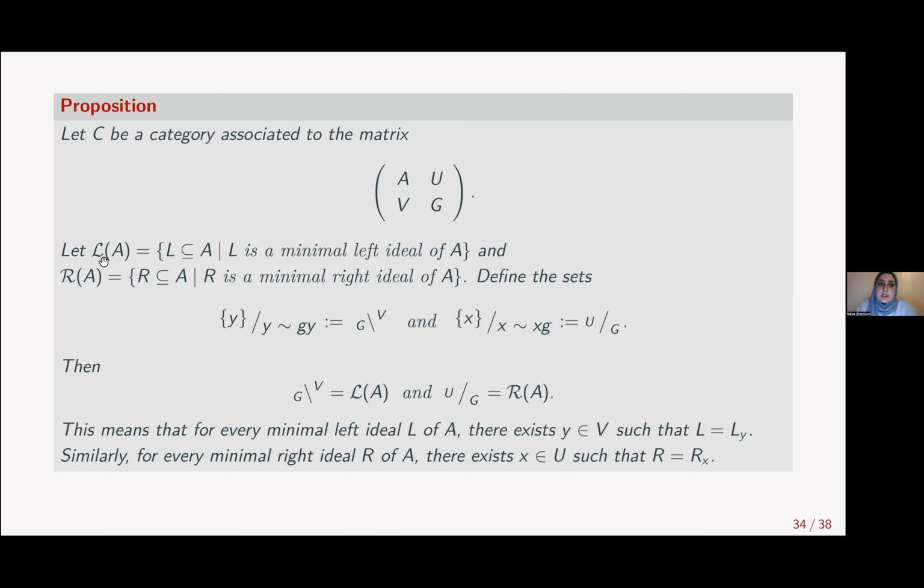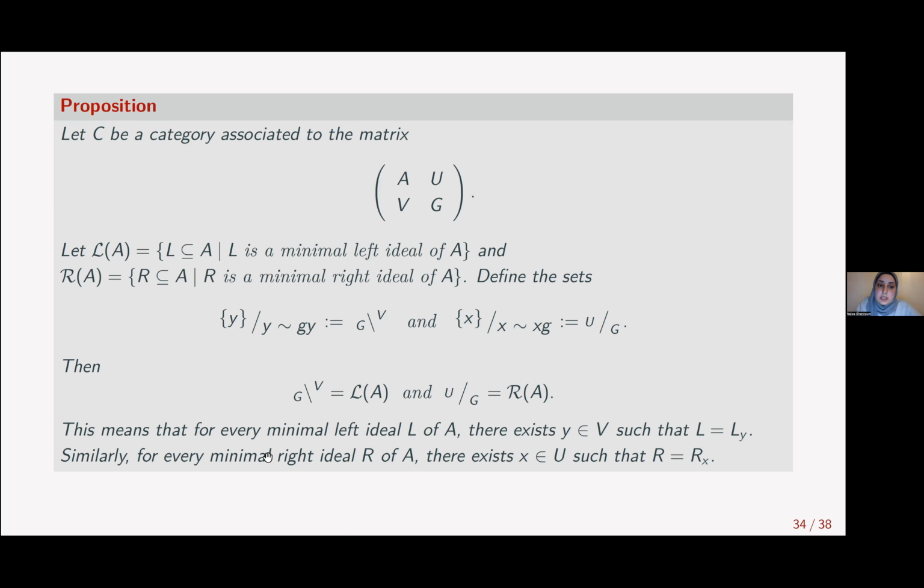I take the set of minimal left ideals of A, LA, and the set RA, the set of minimal right ideals of A. And then I define the set V quotient G, which is all the sets like XV, under the group equivalence relation, and U quotient G, which is going to be UY. And I prove that this set is equal to LA and this set is equal to the set RA.